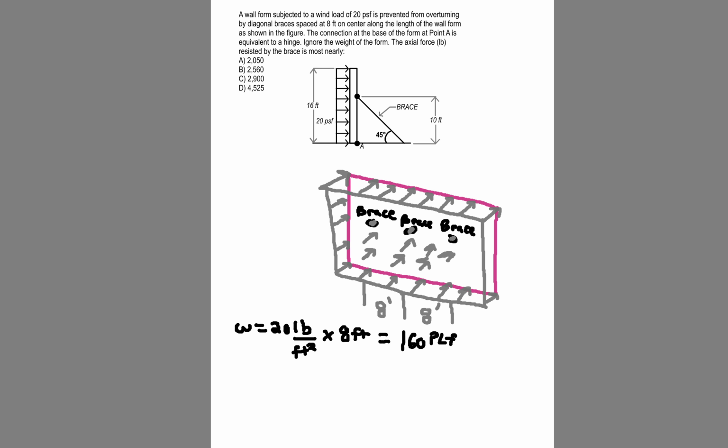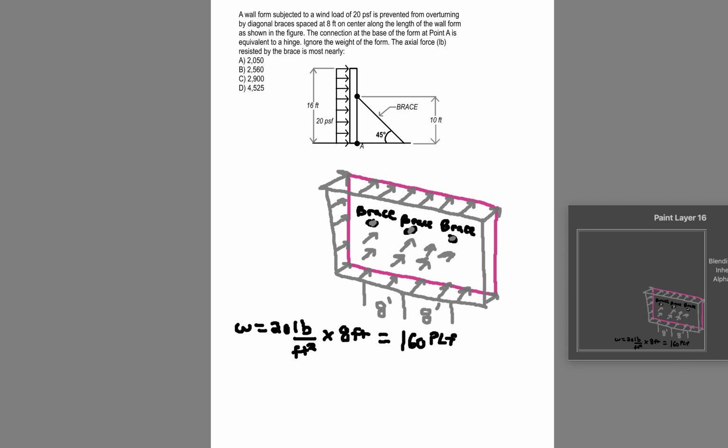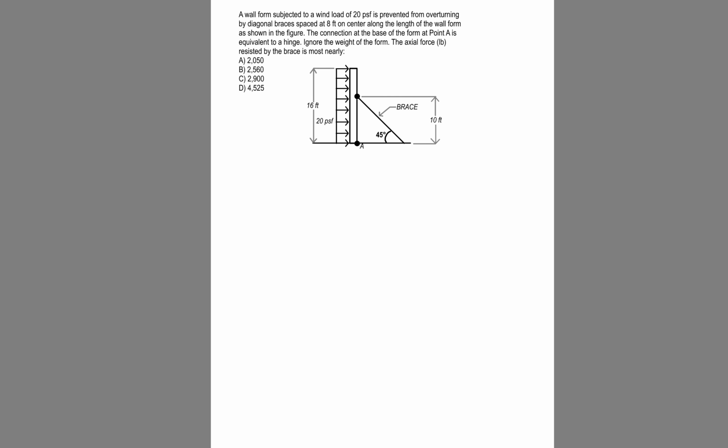Okay, so now let's draw a free body diagram knowing that we have this force acting along the length of the wall. So to do that, what I'm just going to draw here, this is our 160 PLF. Here's our wall.